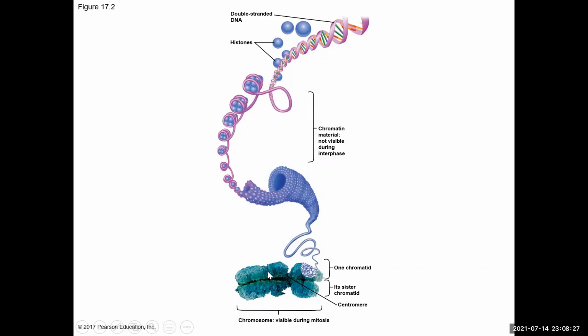One copy of the replicated chromosome is known as a chromatid, right? So this upper side is a chromatid, and this bottom side is the other chromatid. And since they're identical to one another because they were replicated, they're known as sister chromatids, okay? And so this whole thing is a chromosome, okay?